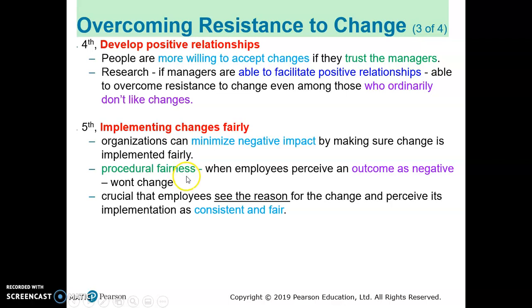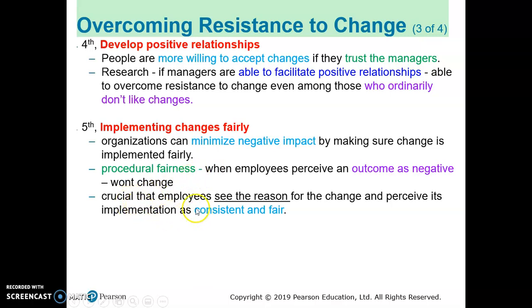So it is important to show the employees that the implementation of the change is done in the appropriate way, according to justice. Then it would be easier for the managers or organization to persuade employees to change.